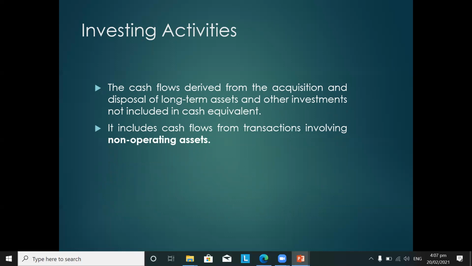Investing activities are the cash flows derived from the acquisition and disposal of long-term assets and other investments not included in cash equivalent. As a simple guide, investing activities include cash flows from transactions involving non-operating assets.